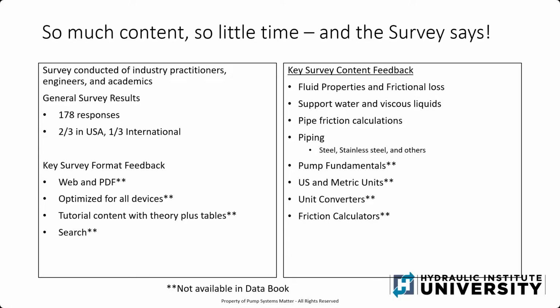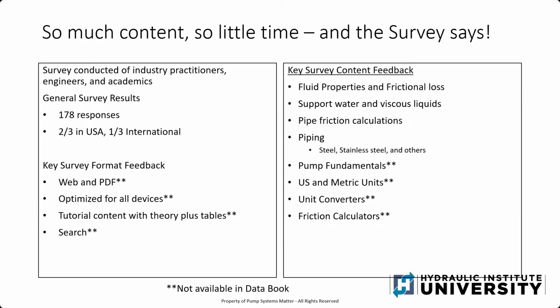And they thought having some tutorial content in addition to the tables would be good, as well as functionality on searching. So that was kind of feedback on the format. And over here on the right-hand side was the content that people were looking for.